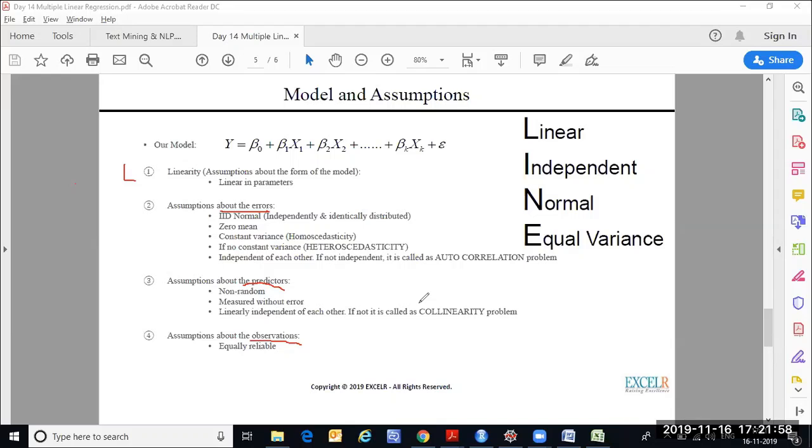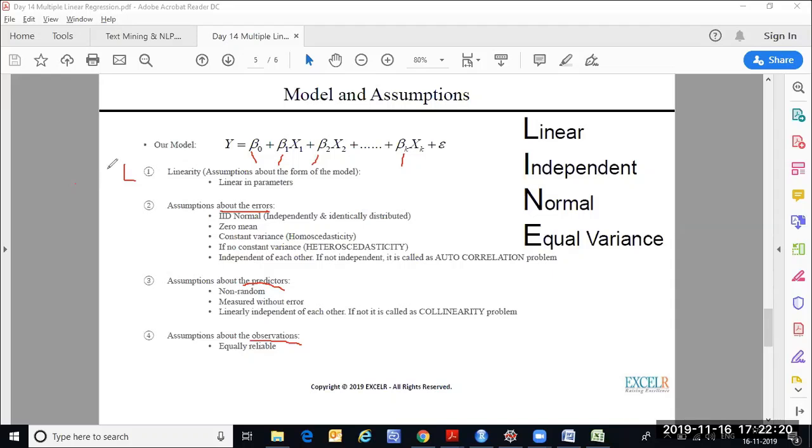Yeah, the actual values given in your data. And let's first see about the parameters. What are the parameters? Coefficients, right?